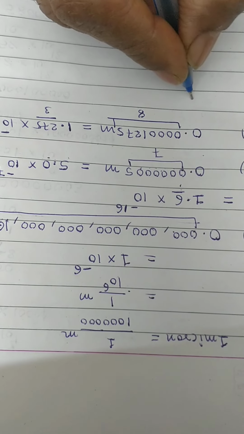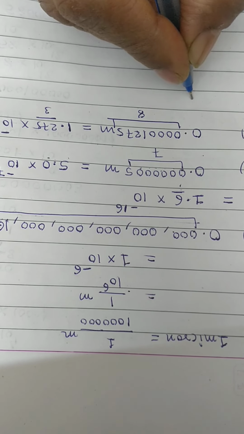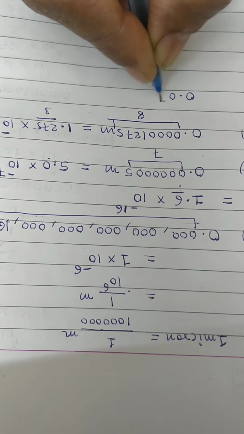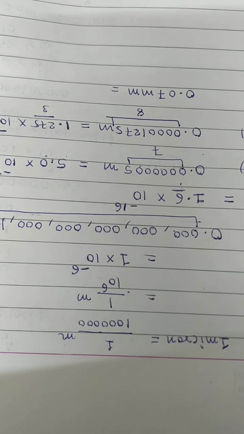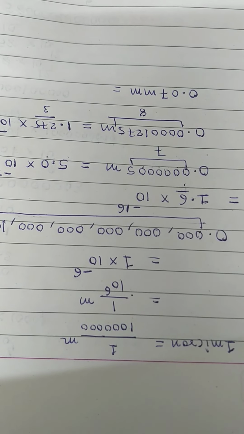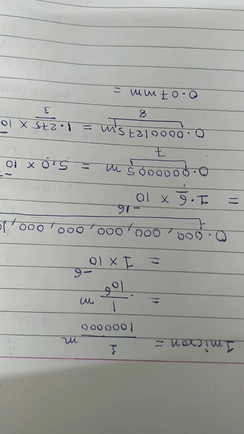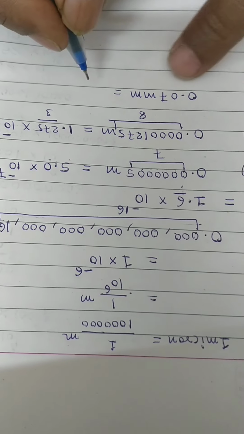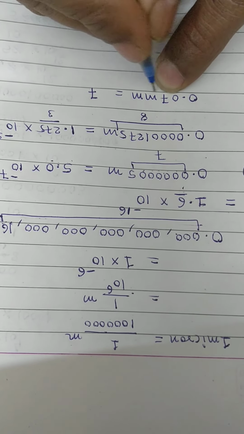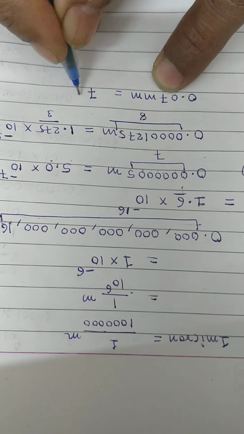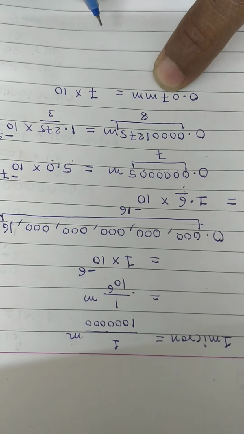And in fifth, the thickness of a thick paper is 0.07 millimeter. So now the first non-zero digit is 7. Then after that there is no digit, so 7 multiply 10 raised to.